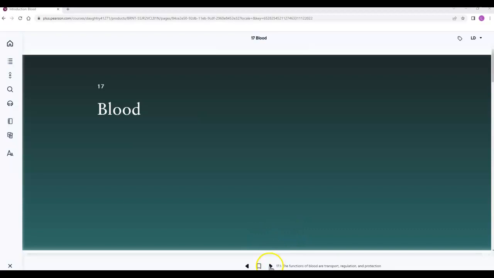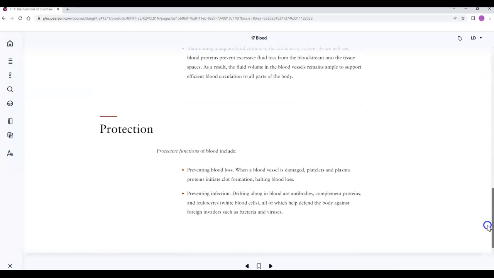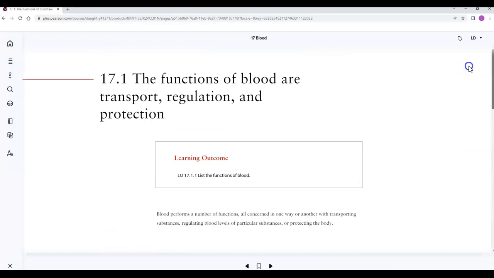There are also questions that you can do once you have read a section. For example, I'm in the e-text. I went over here to the table of contents, found chapter 17, and now I have moved to section 17.1. Let's see, how do you get to them then?